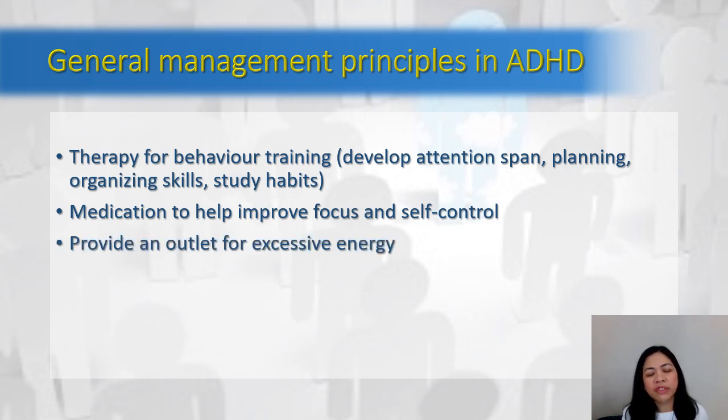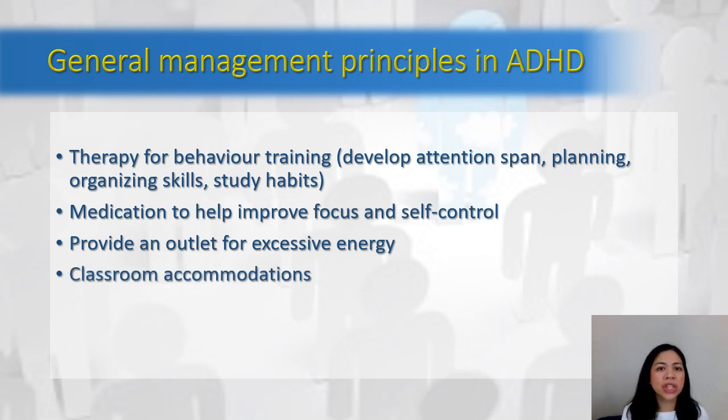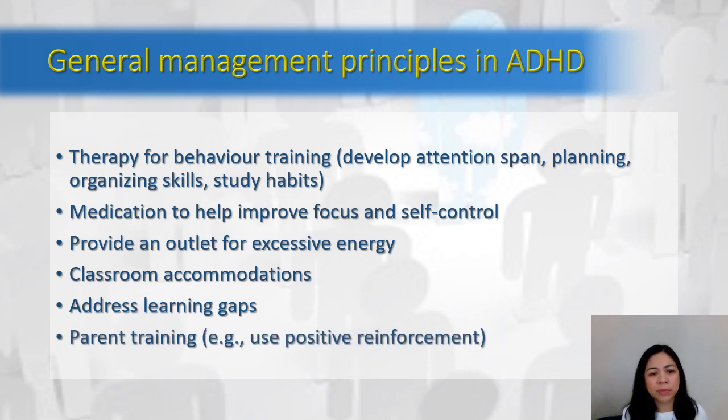We also need to provide them with an outlet for their excessive energy and provide classroom accommodations so that they can function better in school. We also need to address learning gaps because they may not be fully attentive during class and may miss out on some important school concepts.